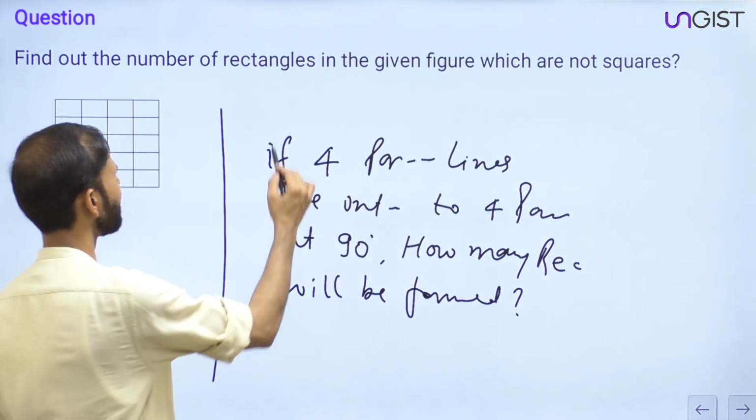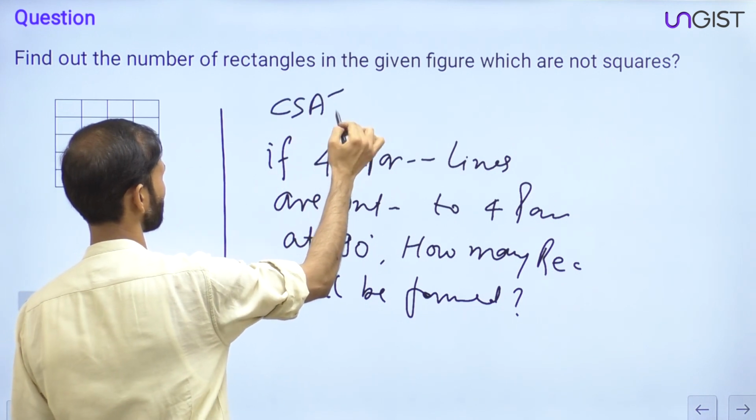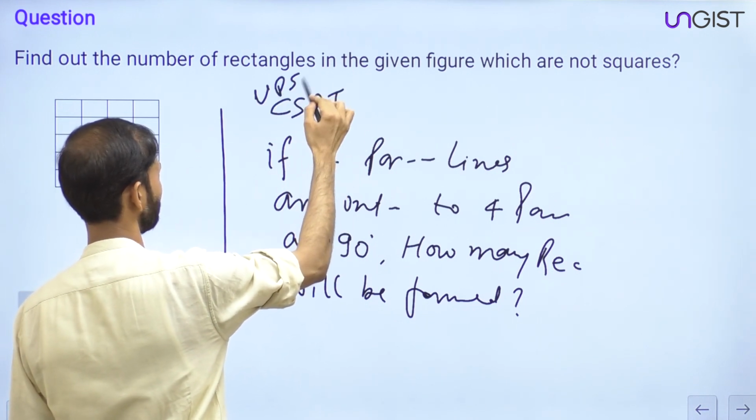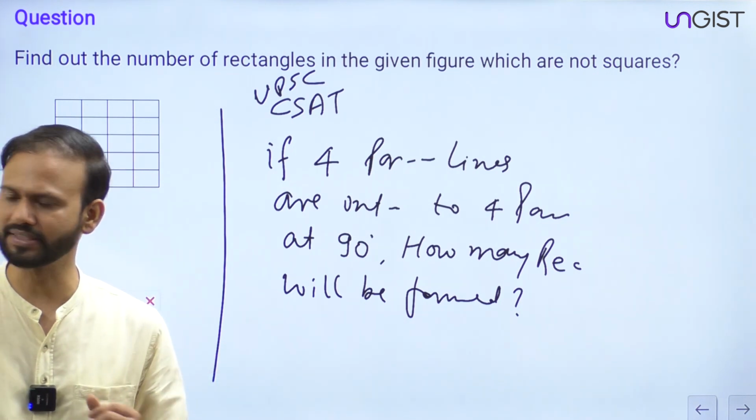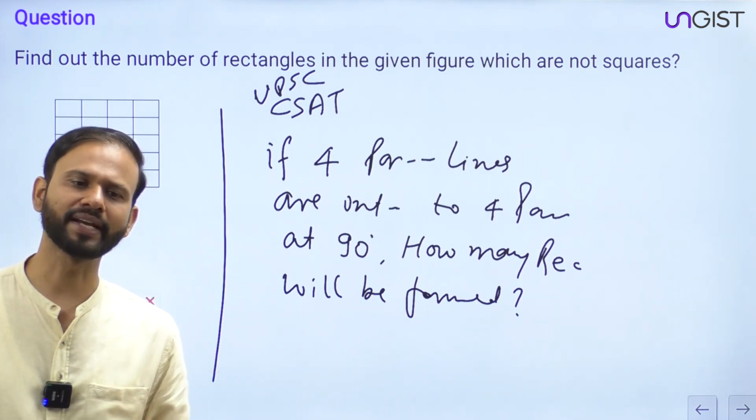This question came in UPSC CSAT. Right? If 4 parallel lines are intersecting 4 parallel lines at 90 degrees, how many total rectangles will be formed?